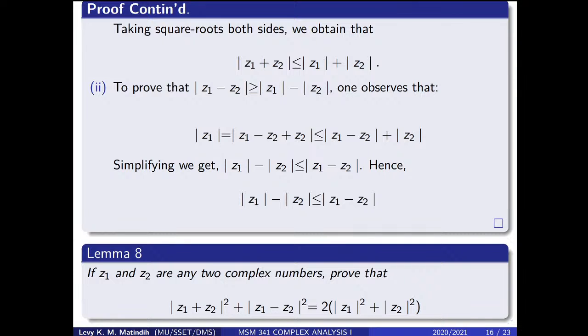In part 3, part number 8, what you're saying is if Z1 and Z2 are any two complex numbers, then prove that the sum of the square of the modulus of Z1 plus Z2 and the square of the modulus of Z1 minus Z2 is equal to 2 times the square of the modulus of Z1 plus the square of the modulus of Z2.